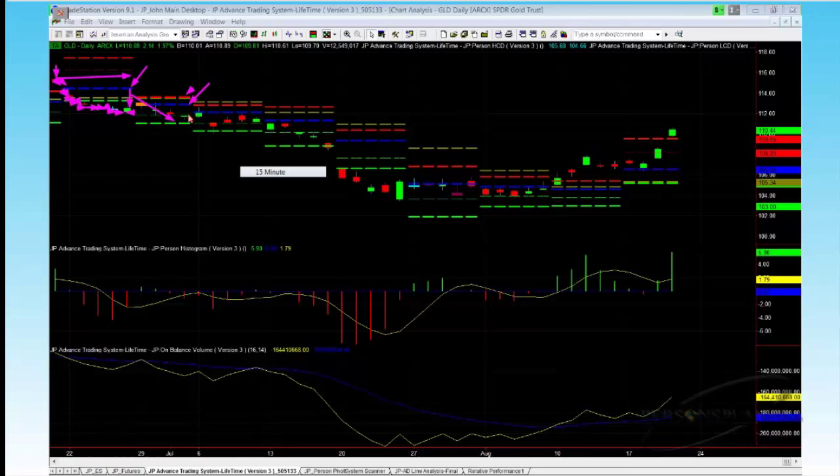The prior week, it said, oh, you think you want to buy gold? Wait a minute, guys. Blue is below gold, blue is below gold, blue is below gold. Blue is just slightly below gold. As you can see, it's still bearish, but the market ripped. And then finally, we got a changeover, blue above gold.